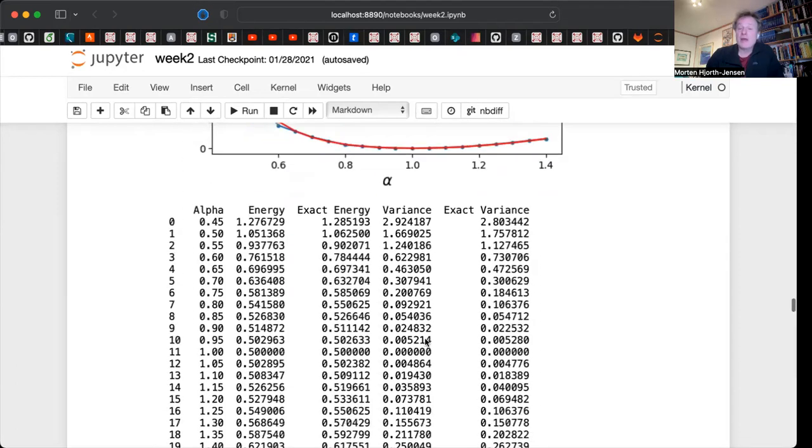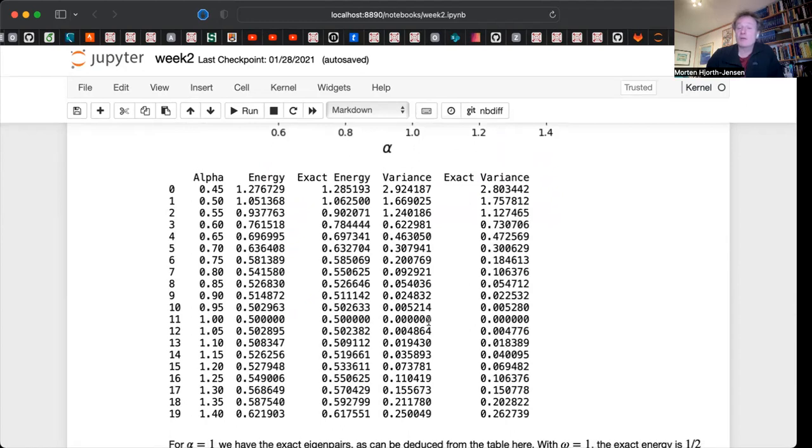And the variance, when we have the exact wave function, is exactly equal to 0, which gives, in these specific units we've chosen, dimensionless energies. It's 0.5, and it has an exact value when alpha is equal to 1. And you can see that from the program.